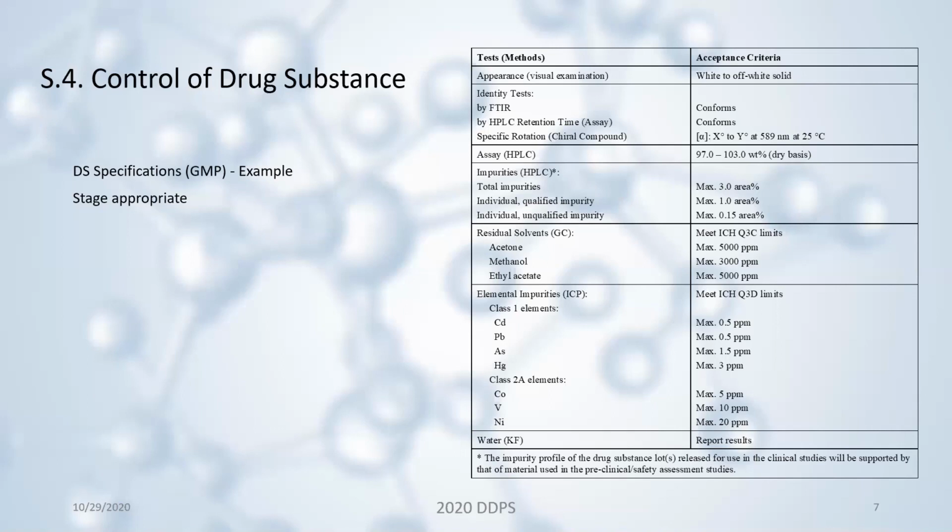For KF, you test by Karl Fischer, and you can have no specification, you just report results. Also, I have seen many cases where a client lists a footnote here: the impurity profile of the drug substance lot released for clinical will be supported by the material used, basically your tox batch or GLP batch used in the preclinical safety assessment studies.